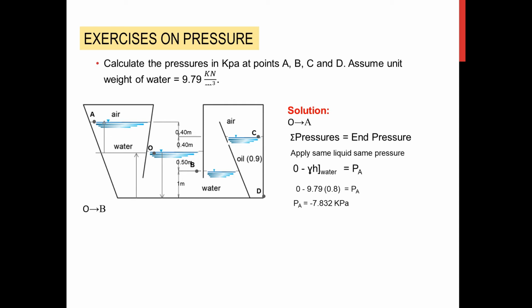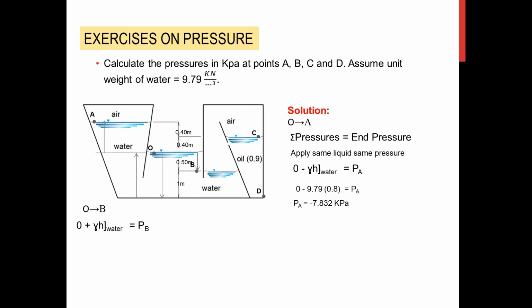For the next step, we now write our pressure equation from 0 to B. So we go down from the open exposed surface up to B, going downwards.